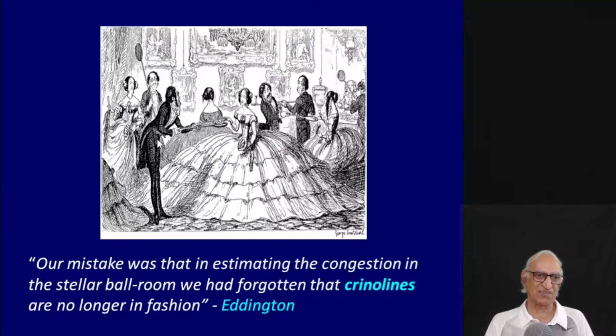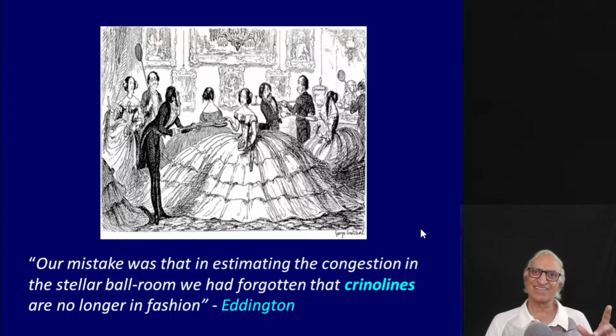So you see, here is a waiter trying to serve something during a party, and he has this long spoon in order to be able to reach the beautiful lady. So Eddington says, our mistake was in estimating that ladies still wear crinolines.